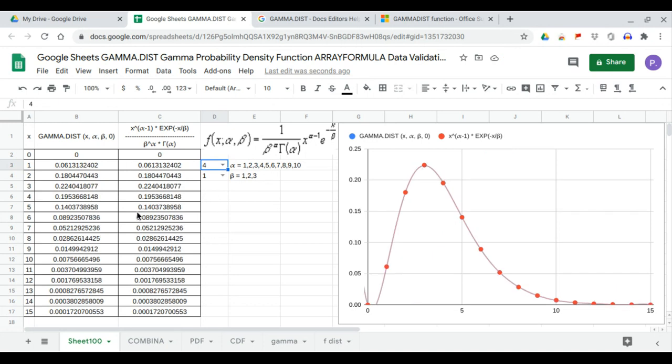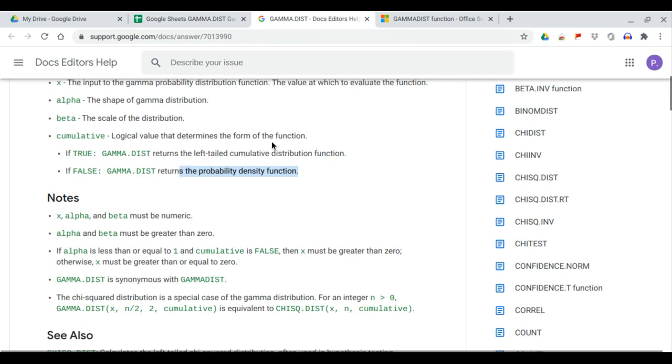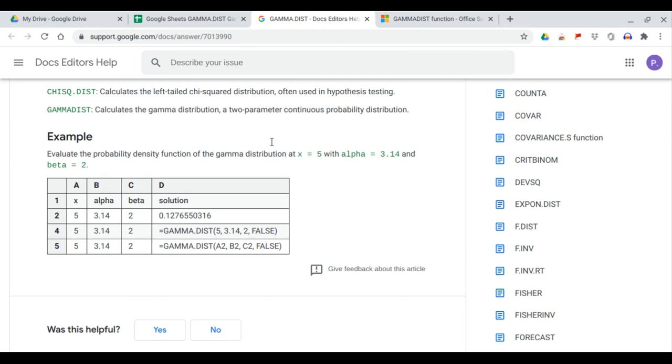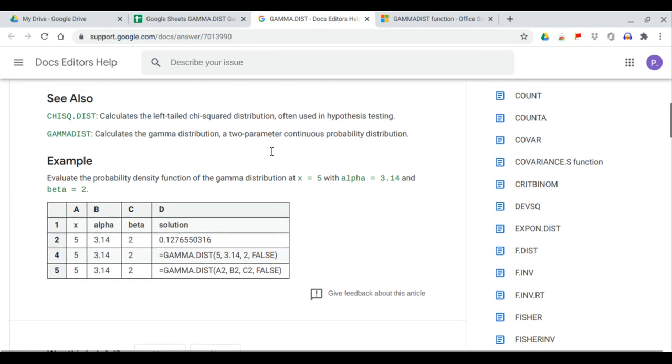Next we check if our trend line and our datasets are correct. We start with the example values. In the case of the Google Sheet, here you have at x equals 5, alpha is 3.14, and beta equals 2.